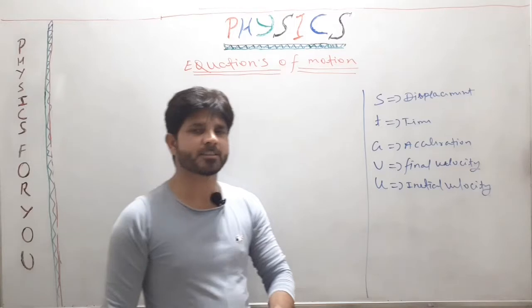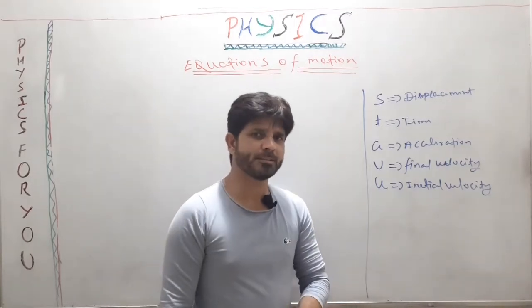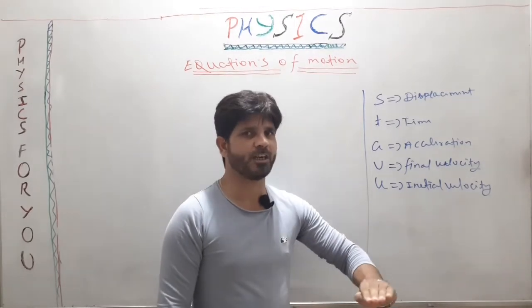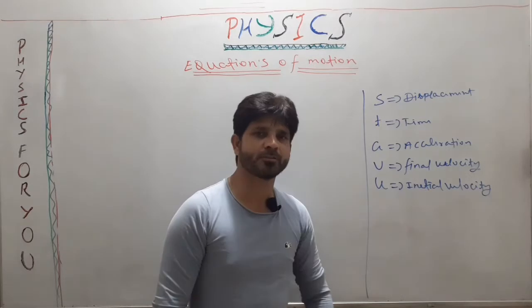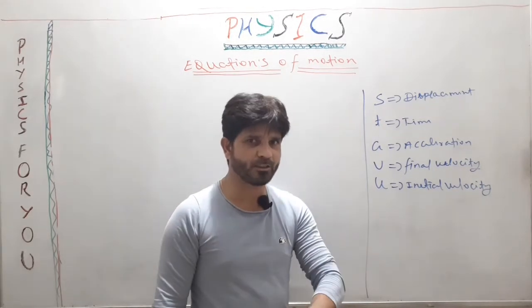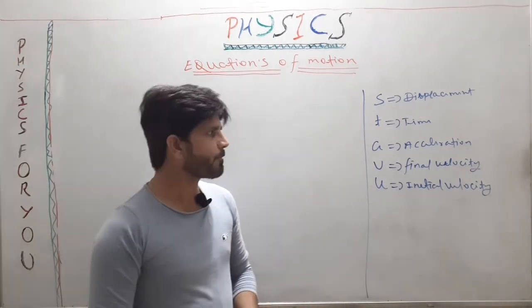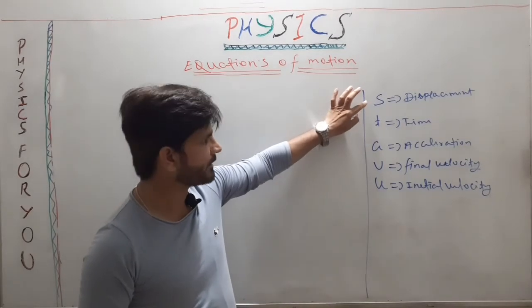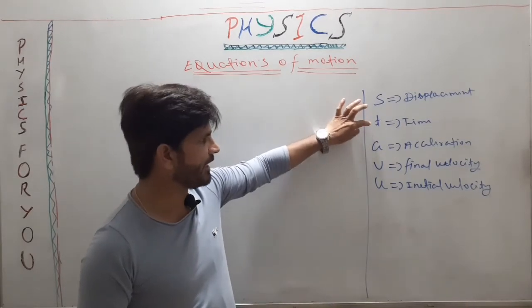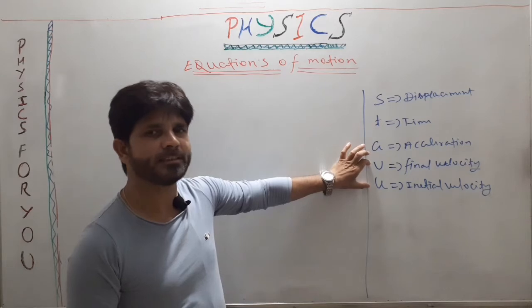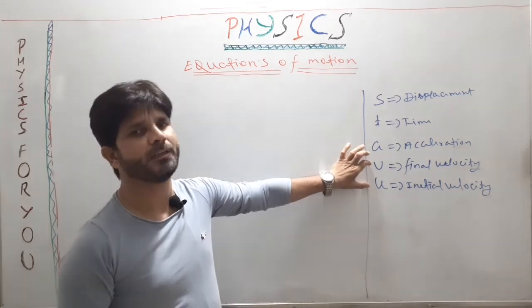Initial velocity is that from which the motion starts, and the final velocity is that with which the motion finished. So these are the quantities: displacement, time, acceleration, and these two velocities, initial and final.